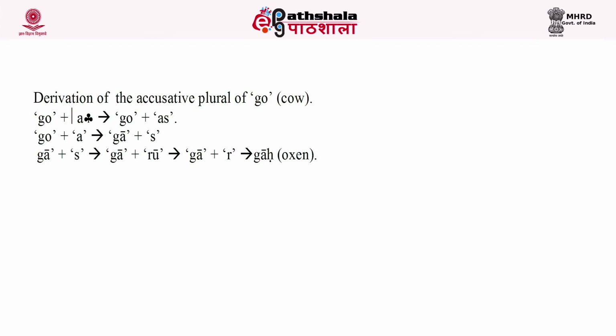Ga plus So, Ga plus Ru, Ga plus Ra, so Ga auction. Notice that in this case, So has not been replaced by No by 61103. The sutra 6103 allows the replacement of So by No only after single replacement by the long counterpart of the preceding vowel, and that is not the case here.